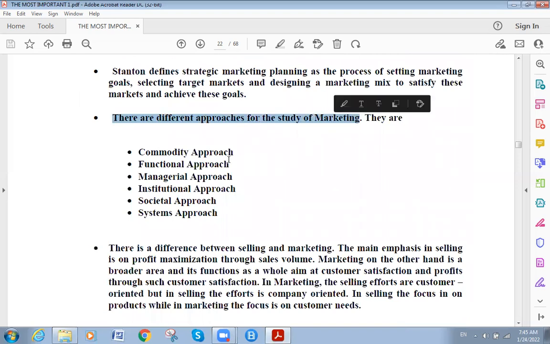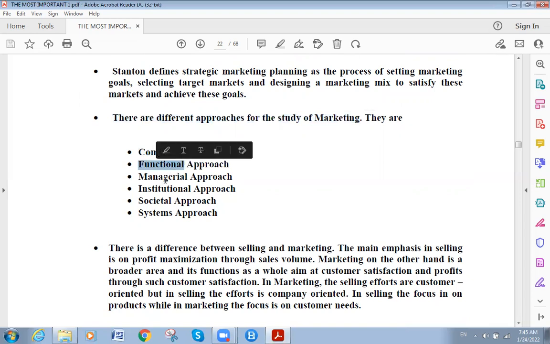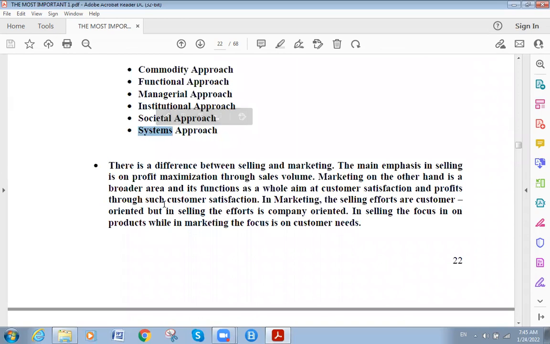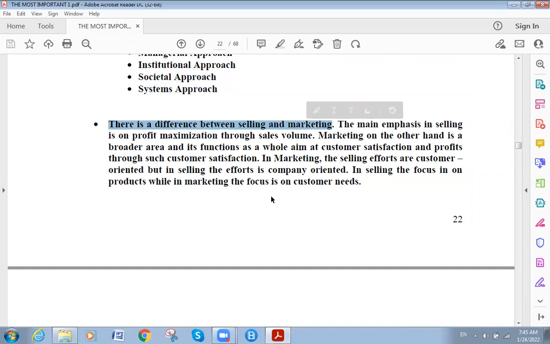We have different approaches to marketing, which are the commodity approach, the functional approach, which focuses on the product, the managerial approach, the institutional approach, the societal approach, and the system approach, and we talked about all this. Then we talked about the differences between selling and marketing, and we said both of them are totally different. Selling emphasizes profit maximization through sales volume, but marketing, no. Marketing, on the other hand, is a broader area, a function as a whole aiming at customer satisfaction.